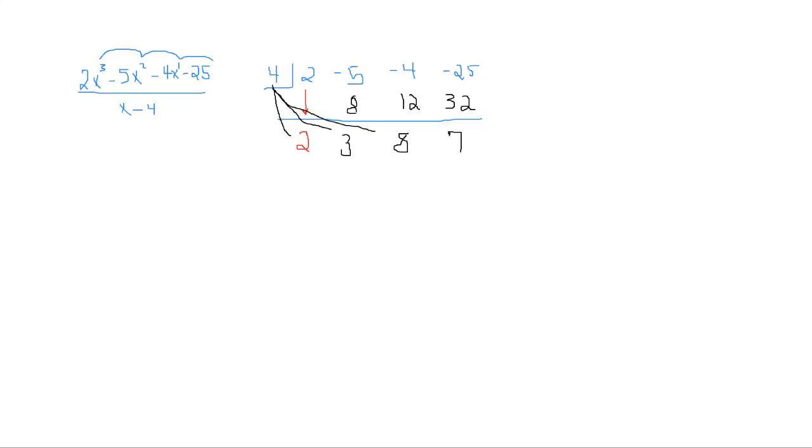Okay, so students tend to get this part correct. They tend to mess up on writing the final solution. But we have to remember that we actually divided one polynomial into another. So the answer is going to be a polynomial. And notice that we started off with a power of 3, but since we divided by a power of 1, our answer is going to be a power of 2, right?